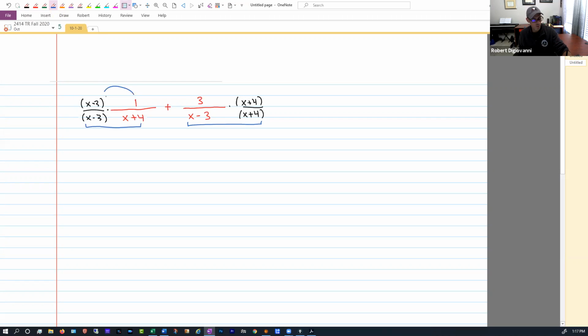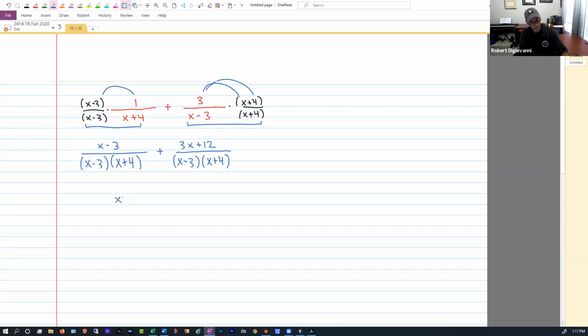So when I multiply 1 through the top, I get x minus 3 over that common denominator. And then plus, now I have to distribute the 3, so I get 3x plus 12 over the common denominator, x minus 3 times x plus 4. Now I can put them together because they have the same denominator, right?